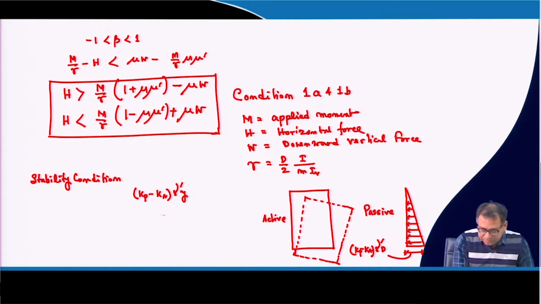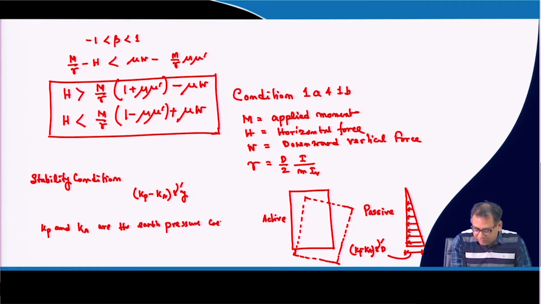So, Kp and Ka are the earth pressure coefficients, one passive and one active, as per Coulomb's theory.